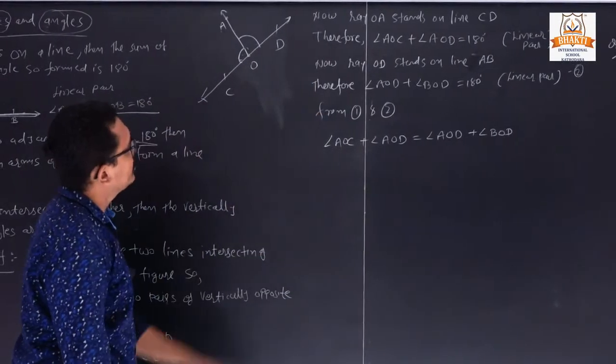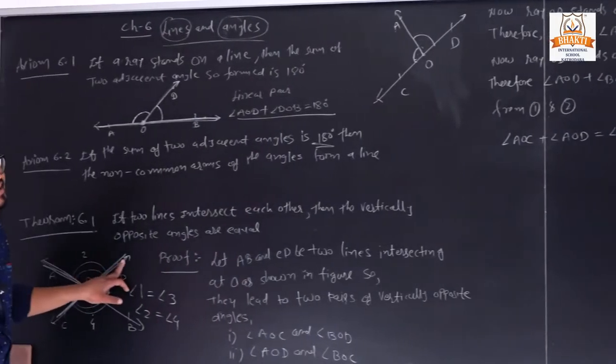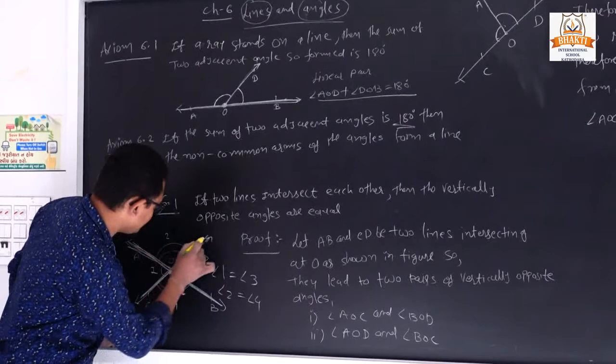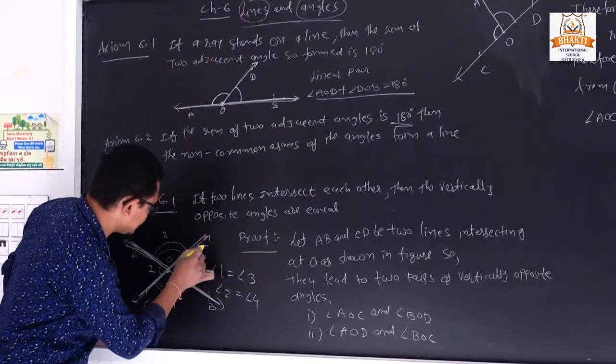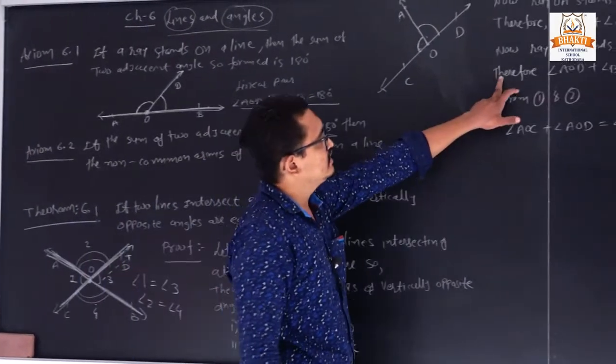Similarly, see that OD is standing on line AB. It means this ray is standing on AB. Clear?